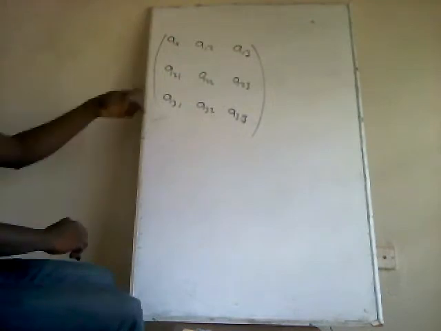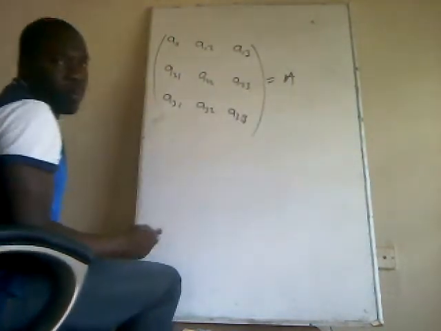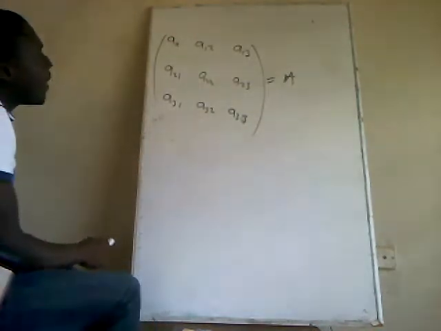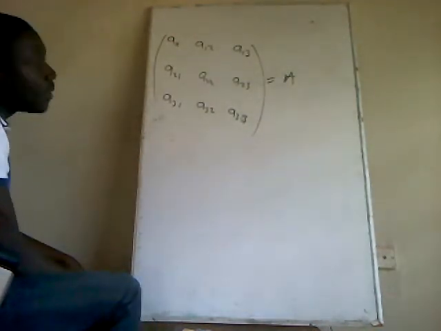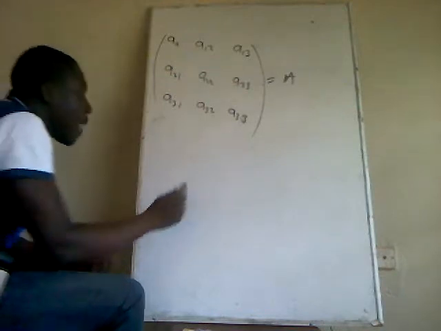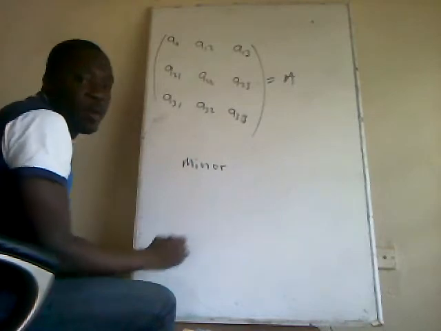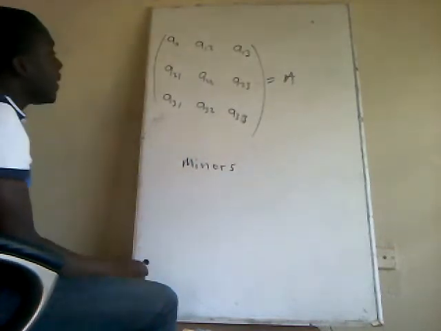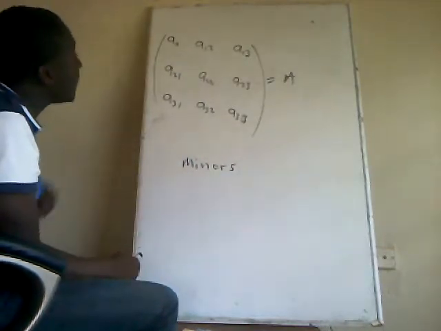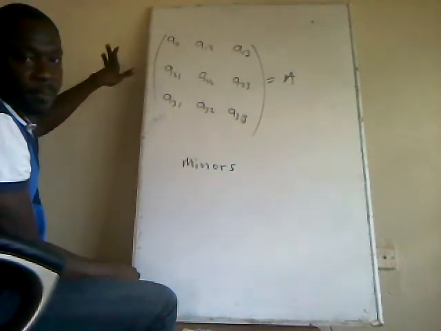Then, if you want to find the determinant of this matrix, let the matrix be equal to A. If you want to find the determinant of A, then we will talk of what we call minor or minus. The minus are some special signs that each element carries.